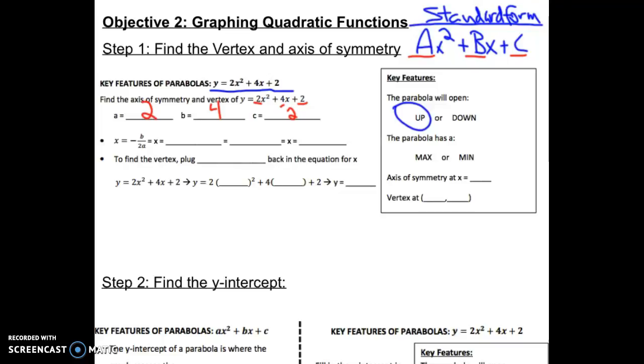So, again, this is our vertex formula right here. Hopefully you've made note of that somewhere that you can easily access. So x, the x point of the vertex, remember the vertex is a point, an xy plotted point. The x point is found with this formula, negative b divided by 2a. So all we do is take our b and our a and put them in the formula.